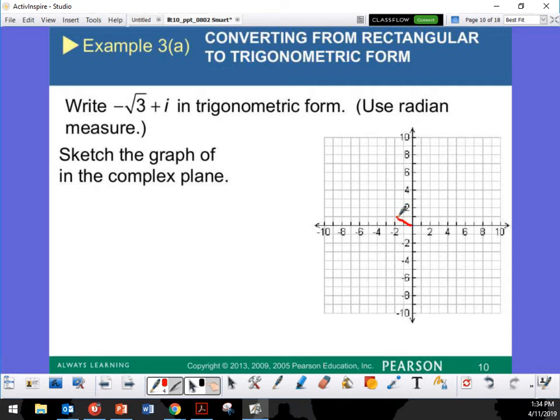So it's going to look something like that. All right. Now, on this one, it says use radian measure, too. Sketch a graph in the complex plane.